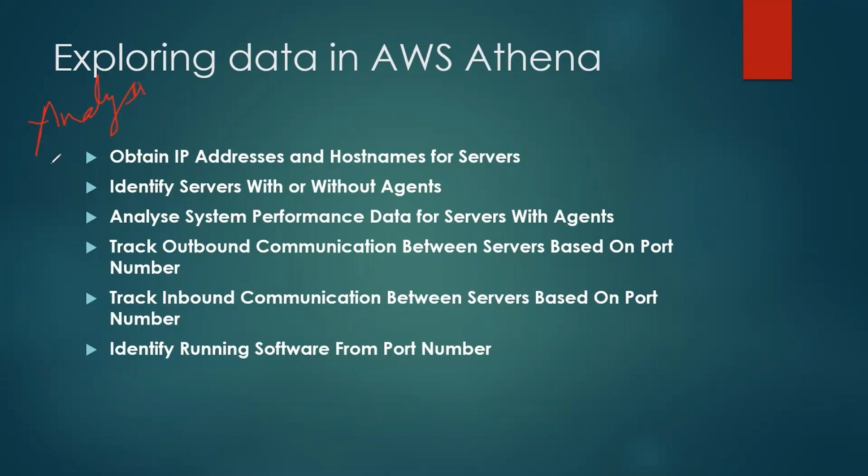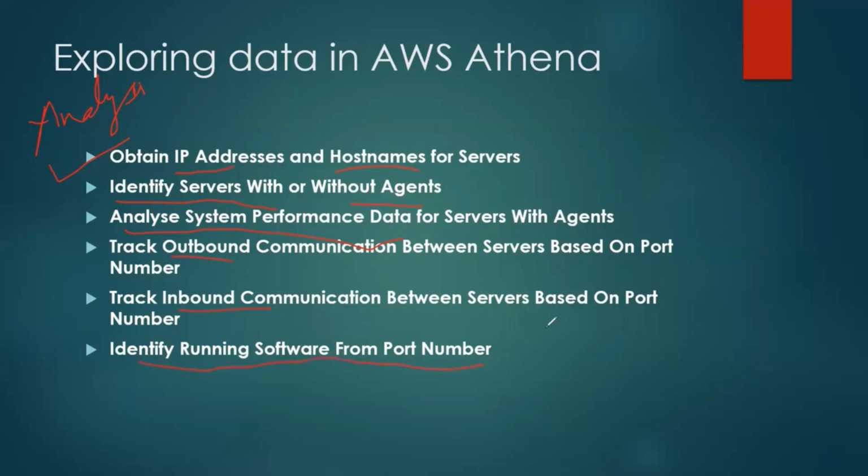Here we will see how many servers are collected, and what their IP addresses and host names are. We will also identify servers with or without agents running, analyze system performance data using the agents, track inbound and outbound communication between servers based on port numbers, and identify software from port numbers.